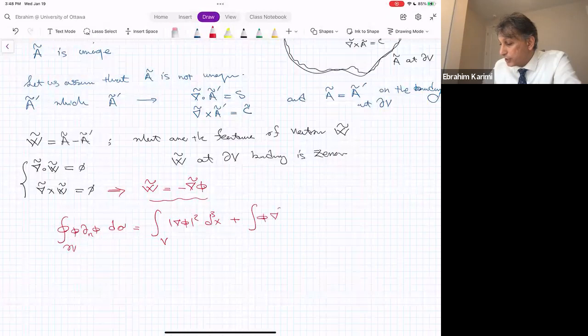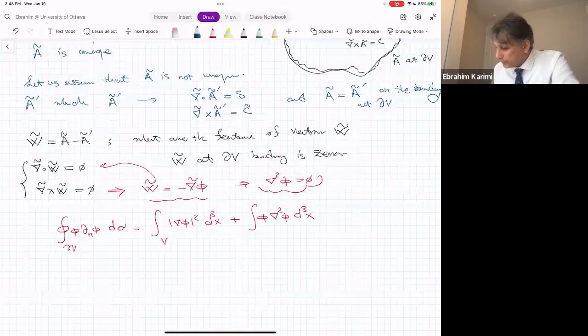Phi Laplacian of phi d3x. By the way, substituting W into the first equation, which is this one, will give us that Laplacian of phi also is 0. Do you agree? Good.